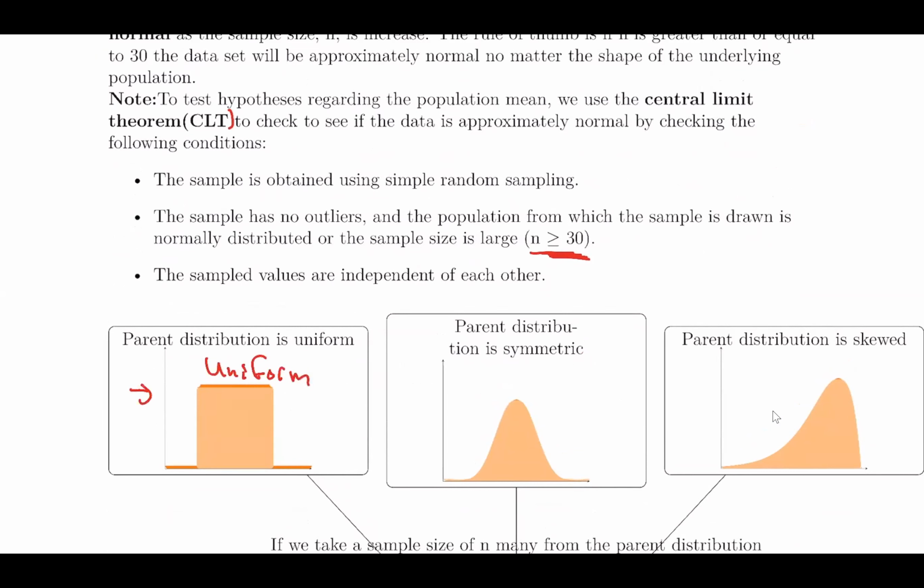All right, what type of distribution is this one? Cool. Symmetric, or we could say it's normal. What type of distribution would I say this one is? That's skew, perfect.